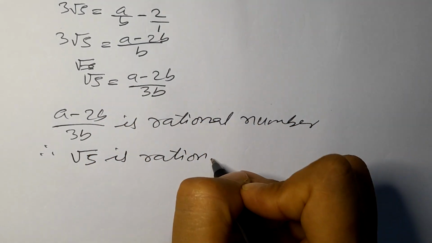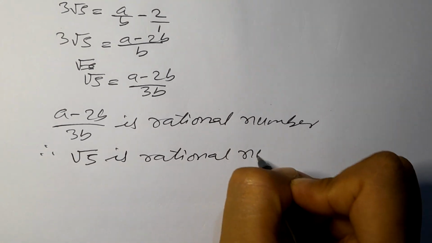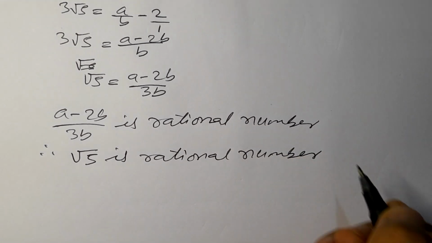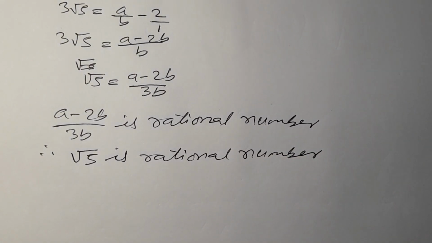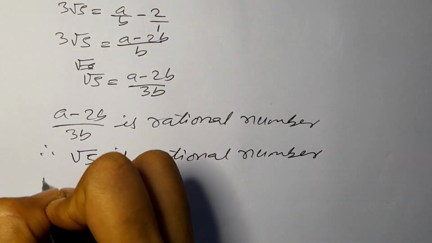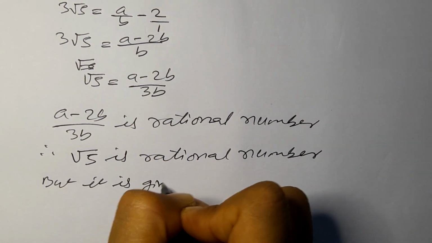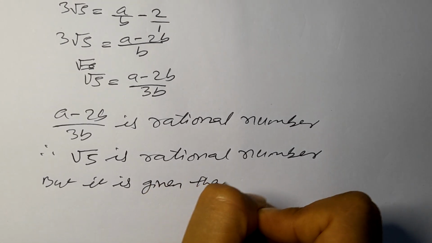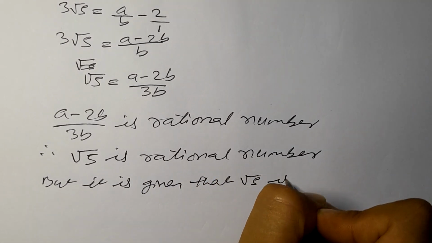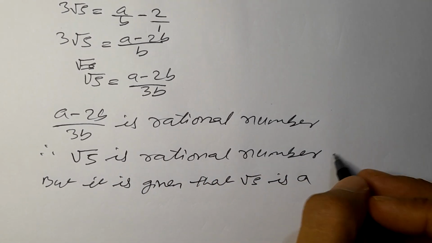Root 5 is a rational number, but it is given that root 5 is an irrational number.